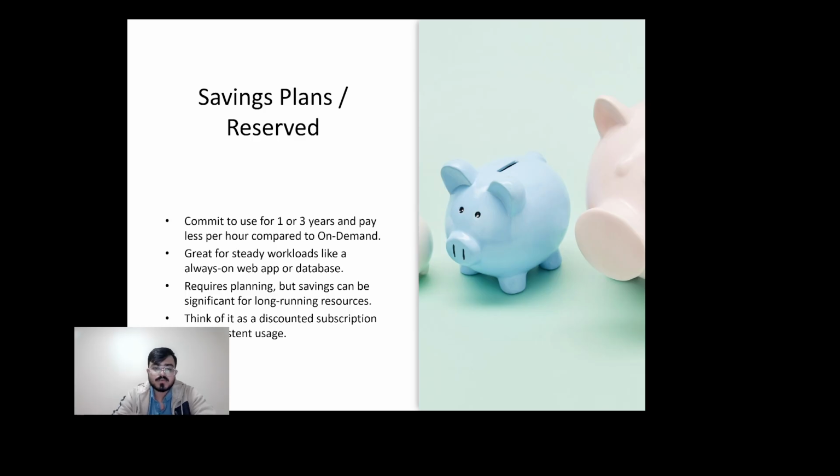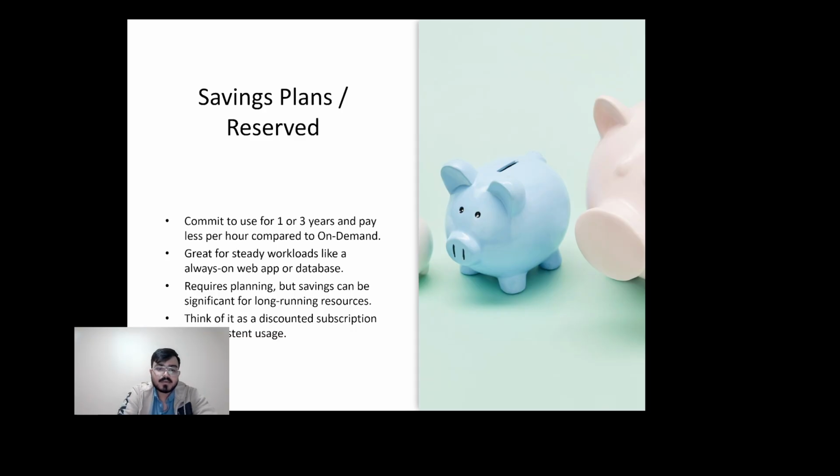Let's see the savings plans and reserved instance. Next, we have savings plans or reserved instance. This model is used when you know you will use AWS continuously for a long period, like 1 year or 3 years. You agree to a steady usage, and AWS gives you a discount compared to the on-demand price.